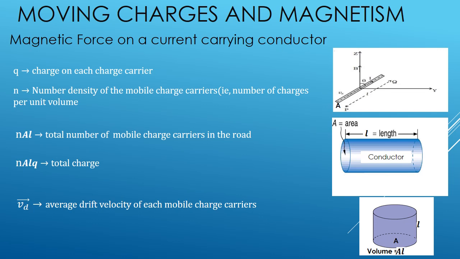And on each charge carrier, the magnitude of charge is q. That means the total charge on the conductor will be nALq. We have another new term here, that is vd. It is the average drift velocity of each mobile charge carrier. This term drift velocity you will study in detail in another chapter, current electricity.